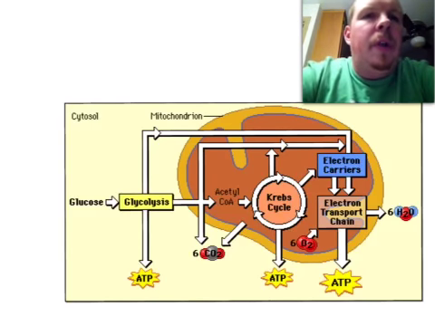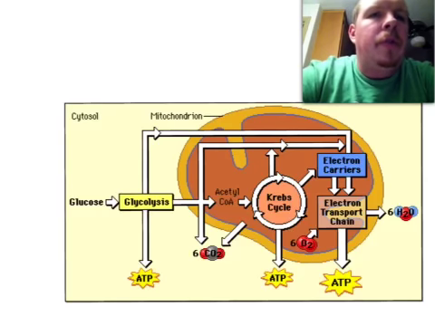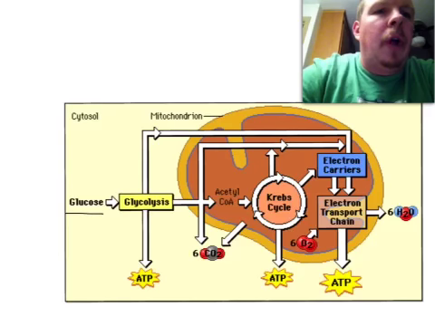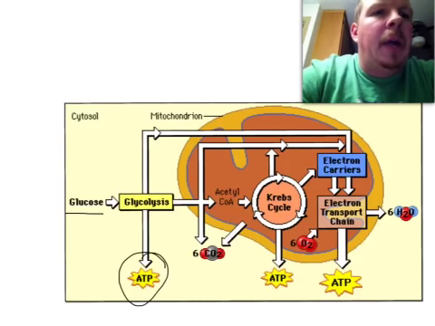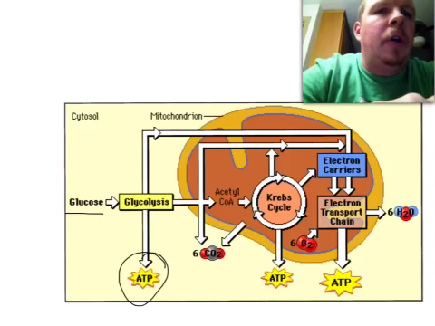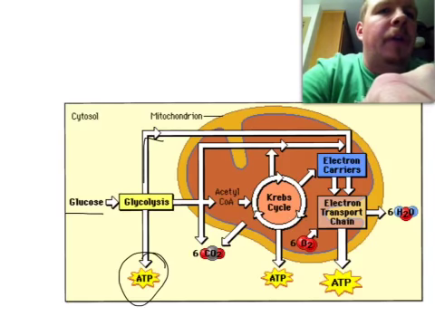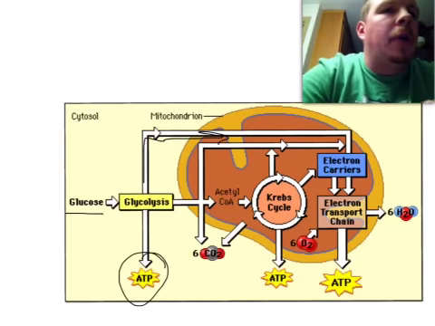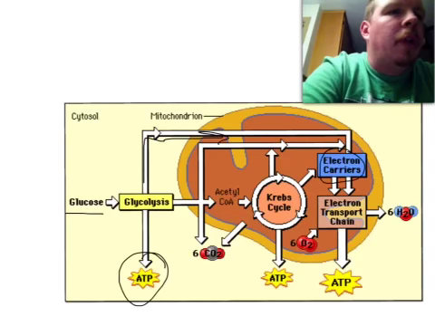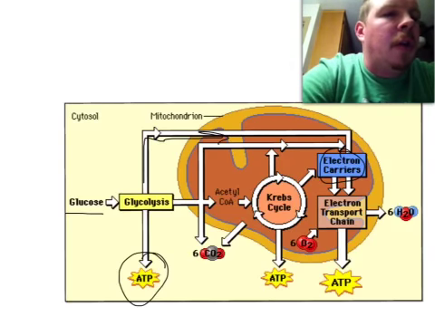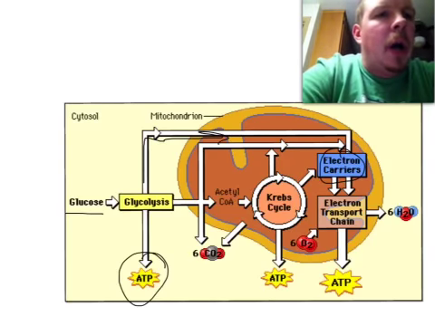All right, so here's another picture that shows glucose right here. Glucose goes into the cell, goes through glycolysis, you get ATP, and then the electrons get siphoned off and go into the mitochondria, where they go to the electron transport chain down here, electron carriers, electron transport chain.